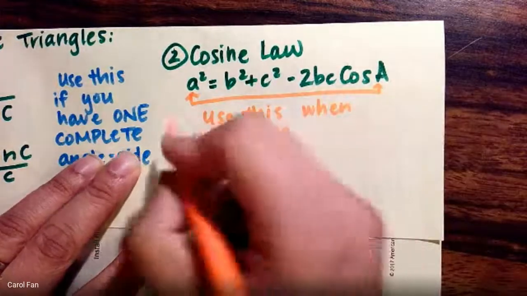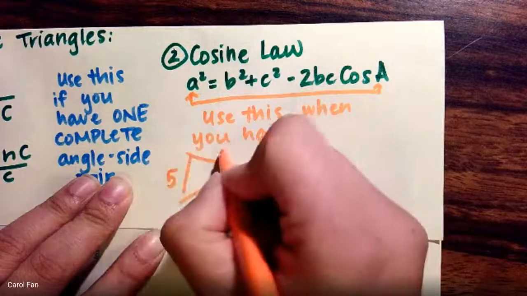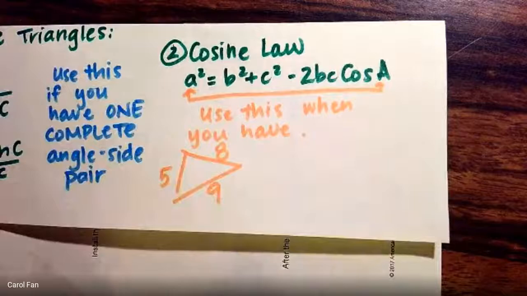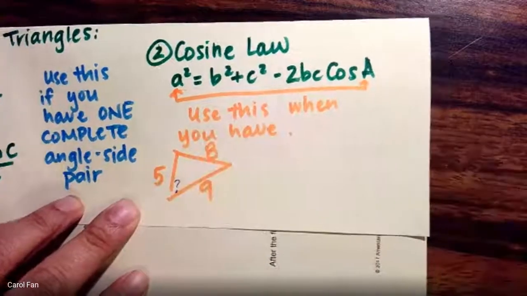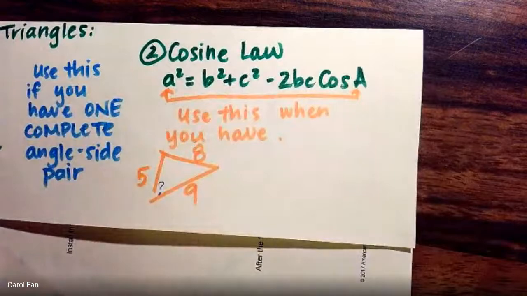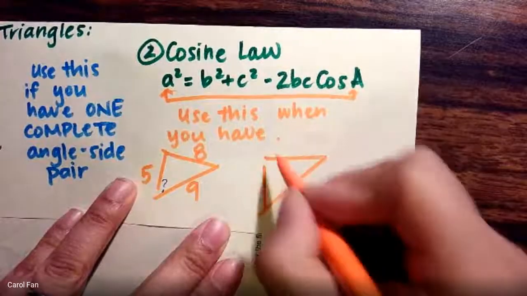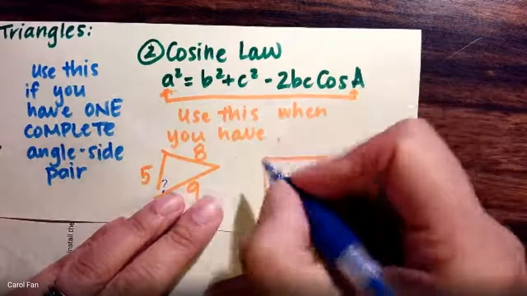So use this when you have three sides. For example, a triangle that has the sides 5, 8, and 9, and you're looking for an angle. Another option would be to use the cosine law when you have a side angle side triangle.